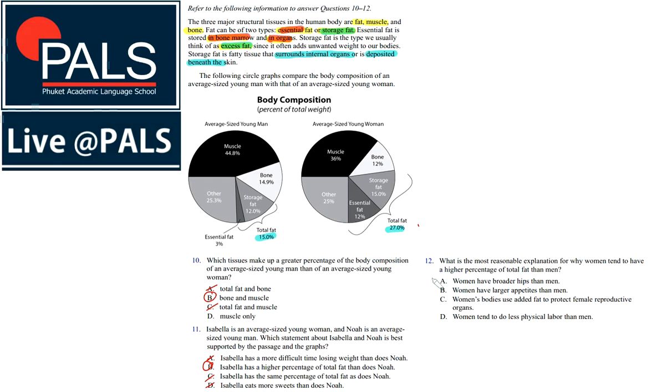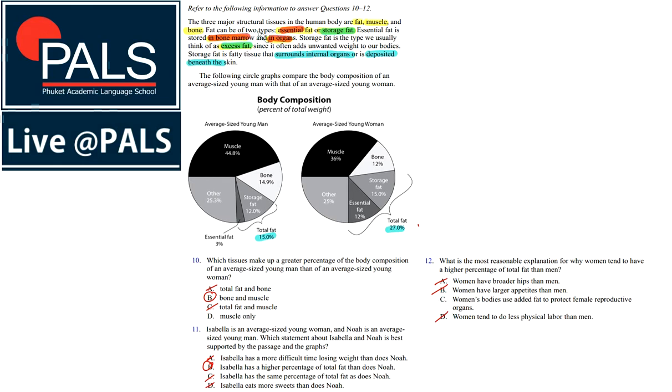That doesn't really relate to the amount of fat, so I would exclude this for now. Women have a larger appetite than men. That doesn't really make sense either. Women's bodies use added fat to protect female reproductive organs. Women tend to do less physical labor than men. Again, this is all very individual, can't be generalized. B and D, sorry.